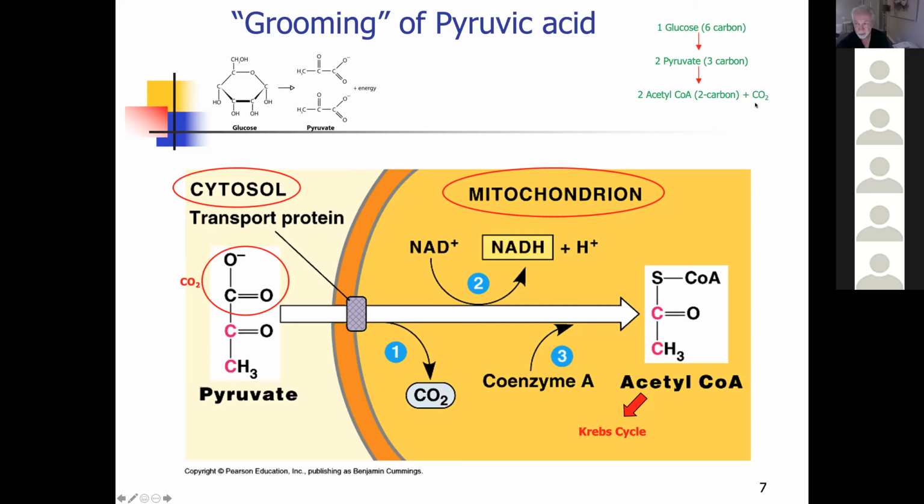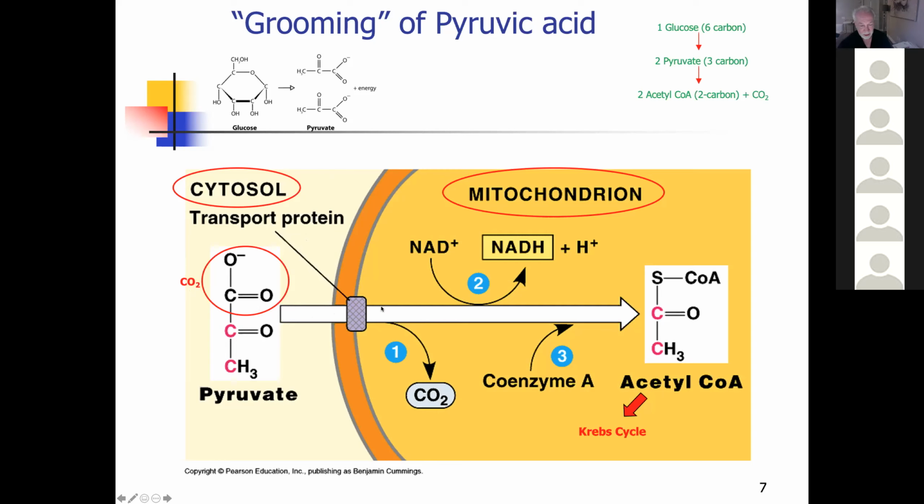So when we breathe in oxygen, we exhale carbon dioxide. So this is a close-up of what happens first in the cytoplasm. We have a pyruvate molecule, a 3-carbon compound. It's produced in the cytoplasm, and it enters the mitochondrion across the membrane.